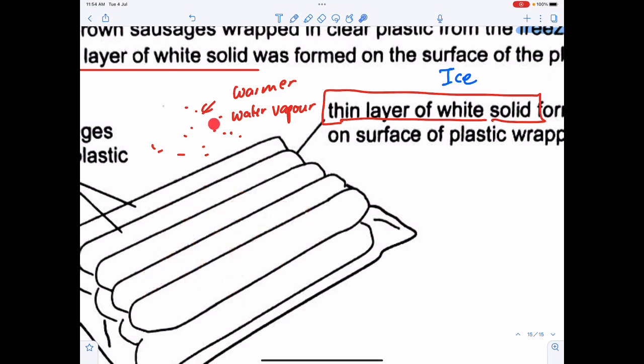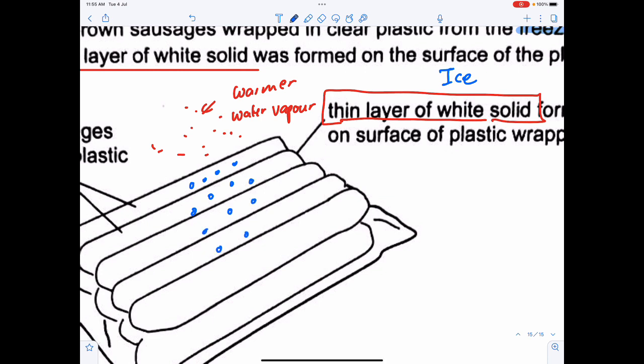So when this warmer water vapor touches the surface of your sausages, it will lose heat to it and will condense to become tiny water droplets. So the packaging of your sausages is actually the cooler surface.